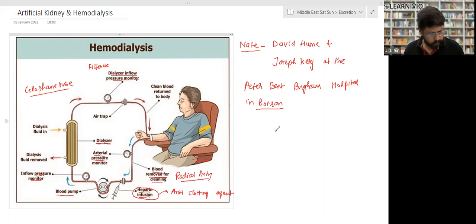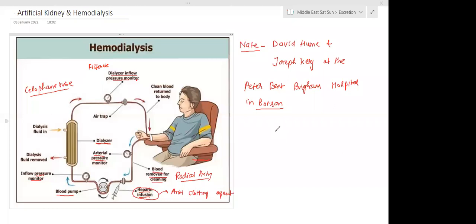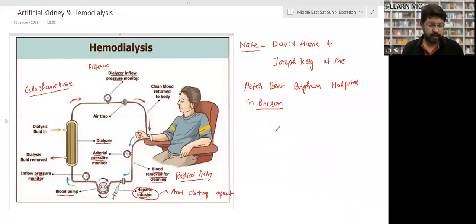What should be the next topic? What is the next topic? Control and coordination. Is that right? Yes, sir. Okay, so we'll start with control and coordination as well.